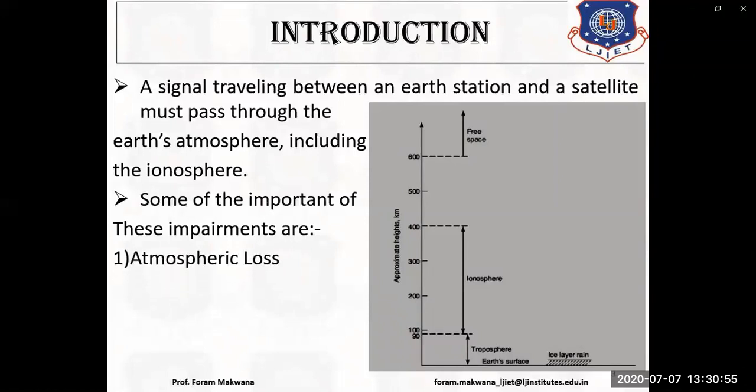First one is the atmospheric loss, second one is the ionospheric effect, and the third one is rain attenuation. This graph shows the different layers of atmosphere, right?